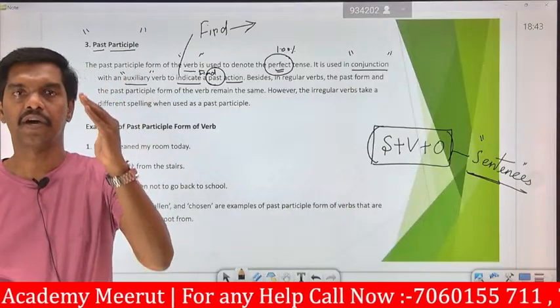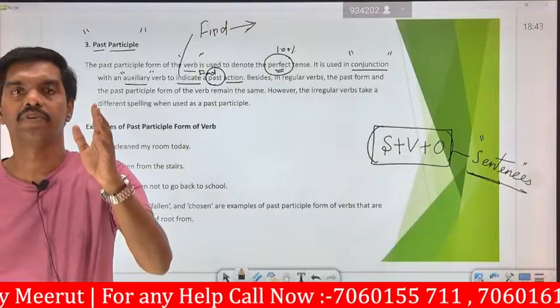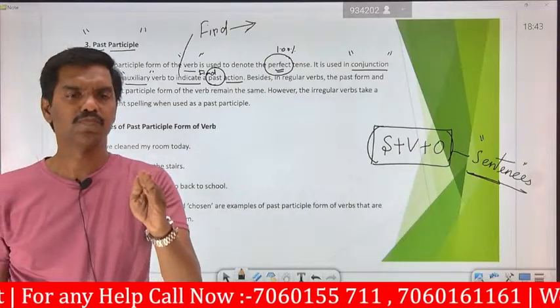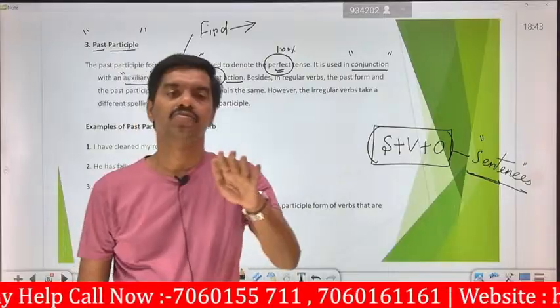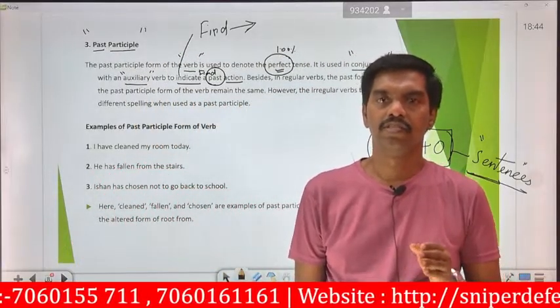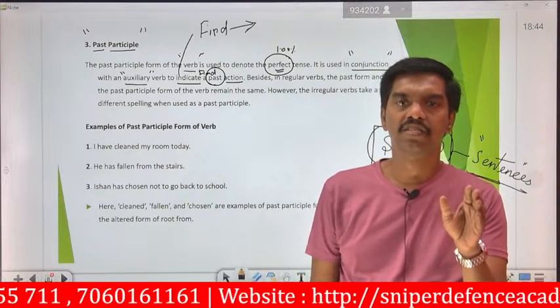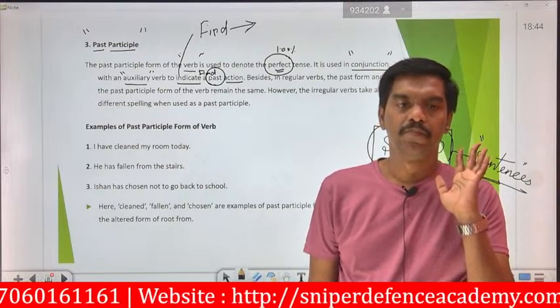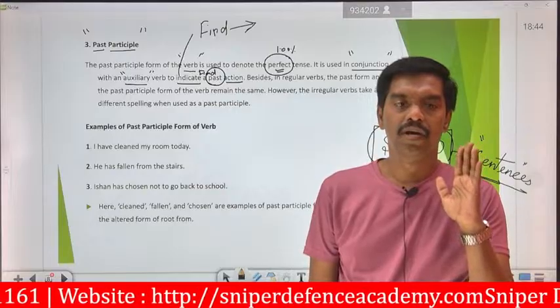So the past and past participle remain the same, with only small, minor changes in both aspects. We can say the minor changes will be in the past and past participle.